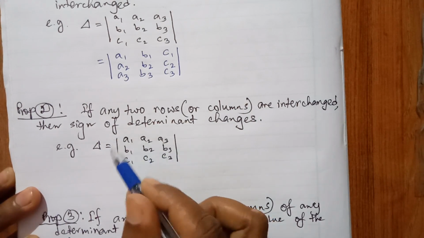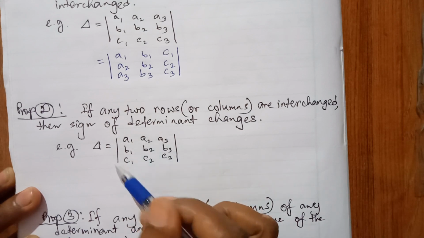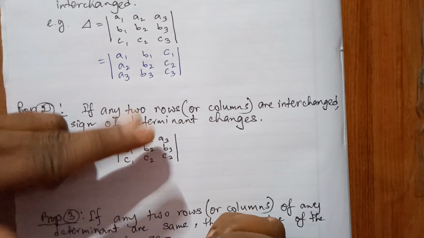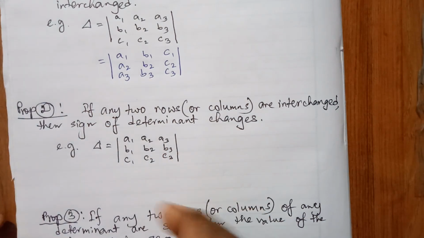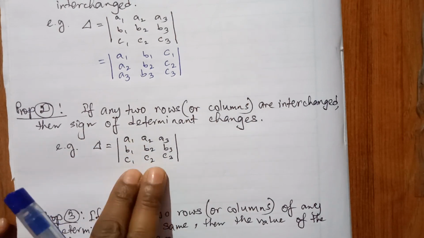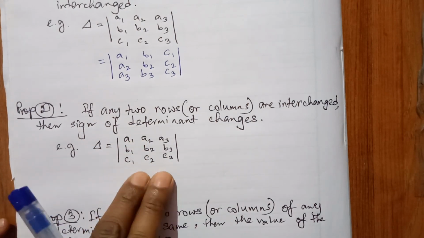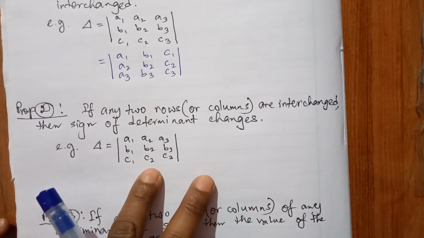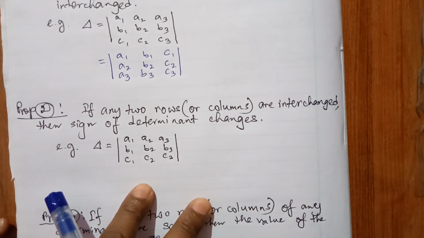If you interchange any two rows, or any two columns, then the numerical value of the determinant will remain the same, but plus will become minus and minus will become plus.